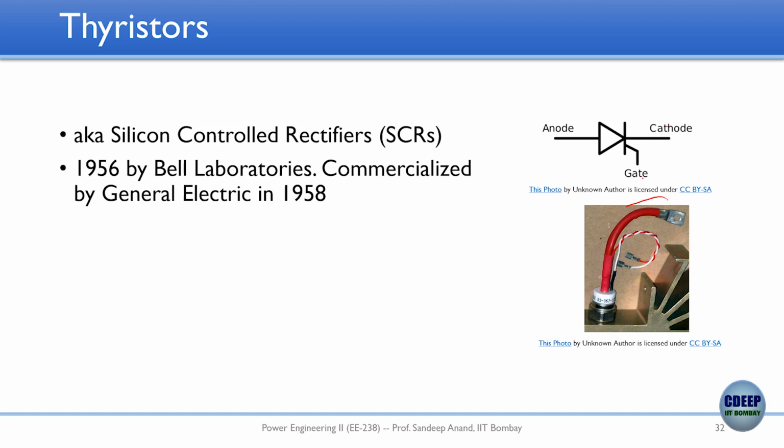This is one of the packages. This part here is the cathode, this bolt which is connected to the metal body is the anode, and these are two small pins, one of which is the gate and the other is the cathode. You connect these two small pins to a small electronic circuit which provides a gate current whenever you want to turn this device on, and the main power flows through the thick conductors, which carry hundreds of amperes of current, or maybe thousands of amperes.